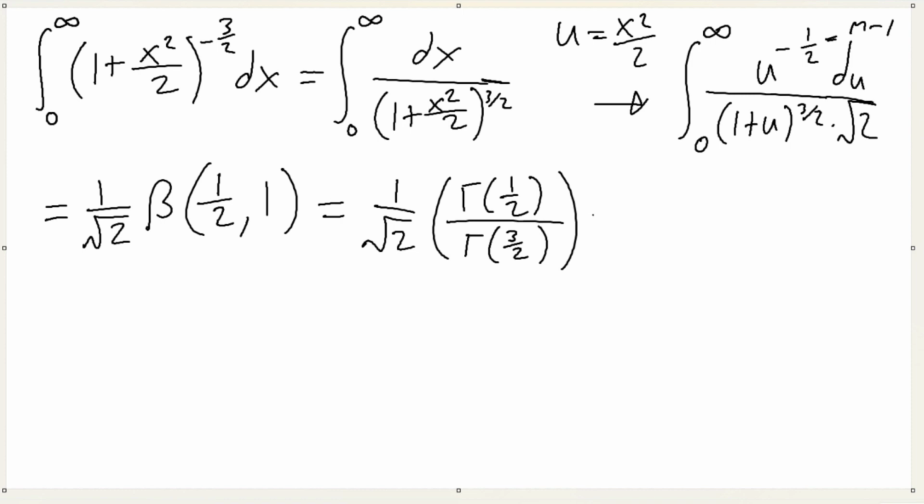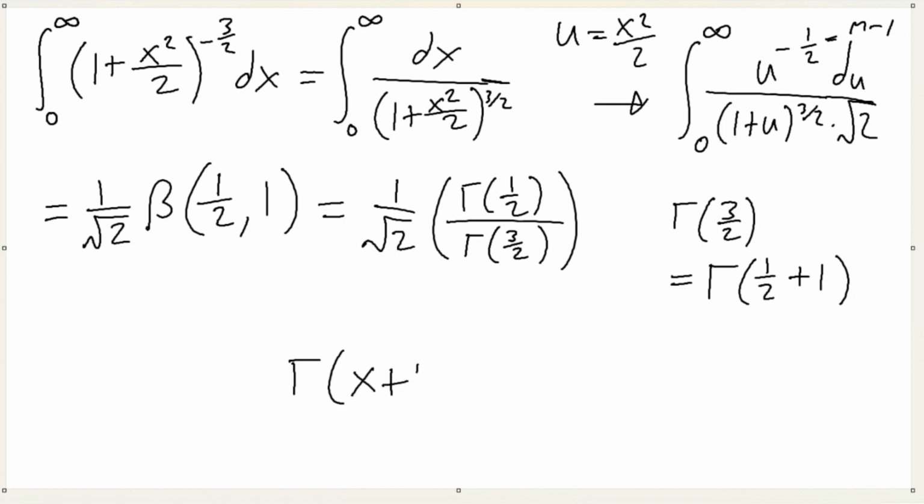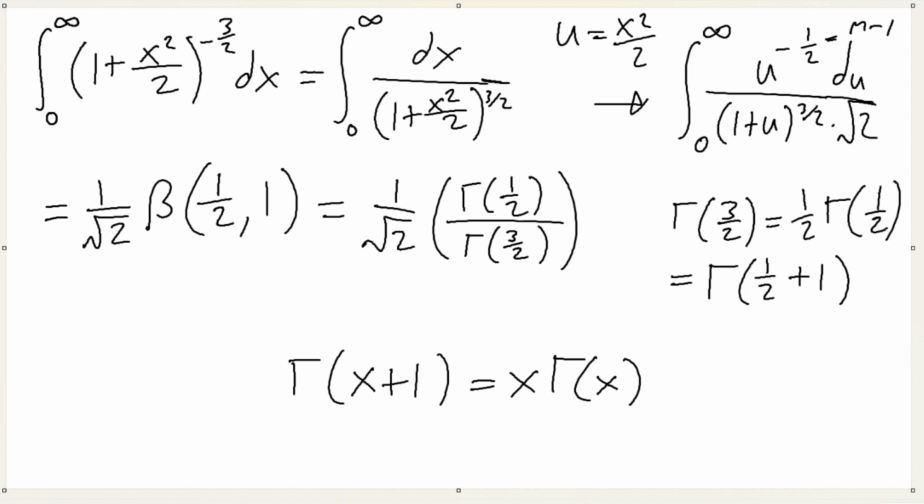So we have to do some manipulation here. 3 halves is equal to a half plus 1. What do we do to this type of form? It's this property, the factorial property. So this is equal to a half times the gamma of a half.